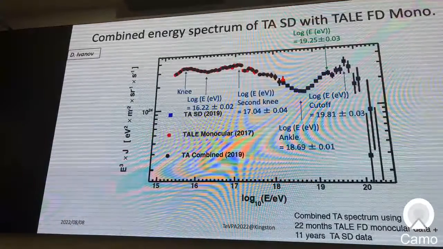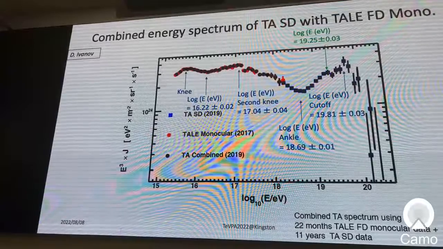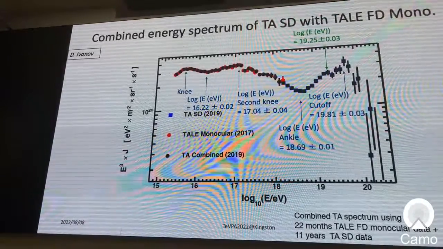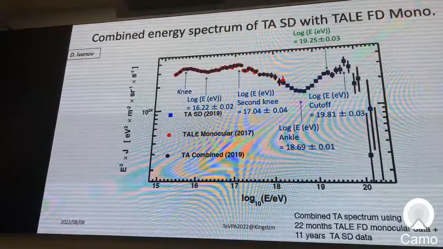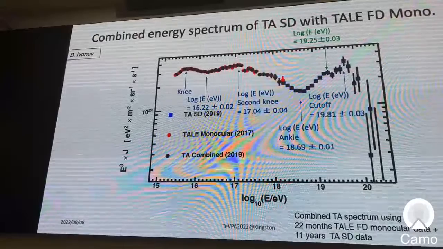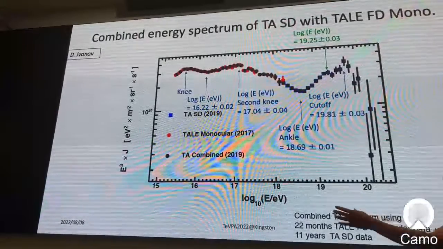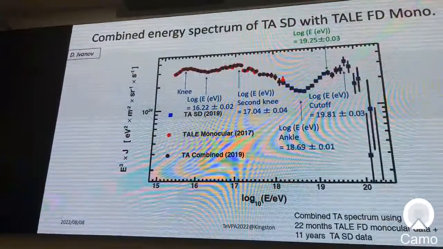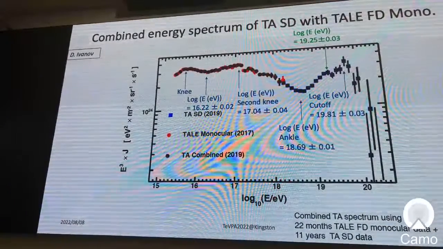And with the combination of TASD with the TALE FD mono results, we obtained this wide energy spectrum over this wide energy range. The energy range corresponds to about 5 orders of magnitude.